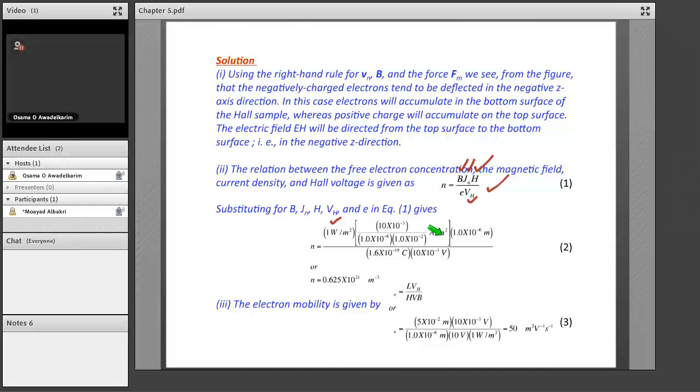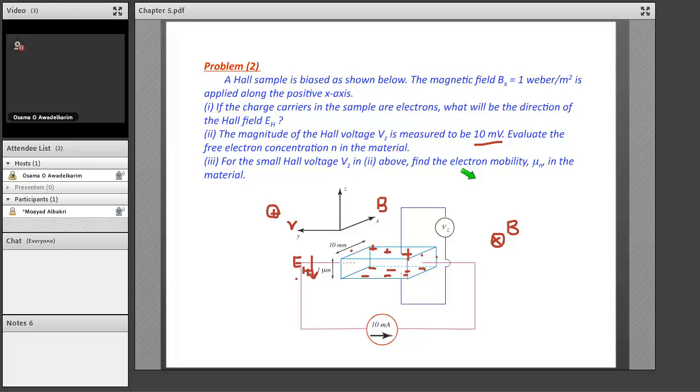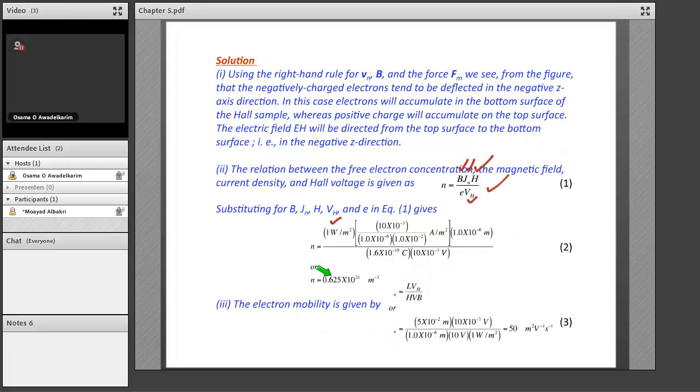This is consistent with B in Weber per meter squared. And then H, which is the width, we have it here as 1 micrometer, so that is 1 times 10 to minus 6 meter.